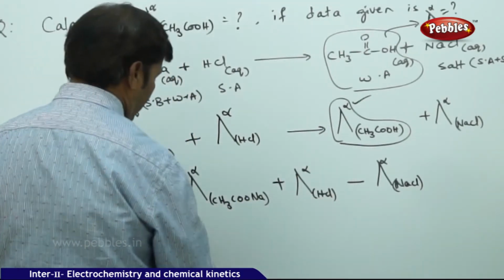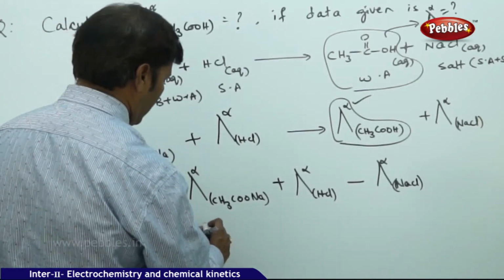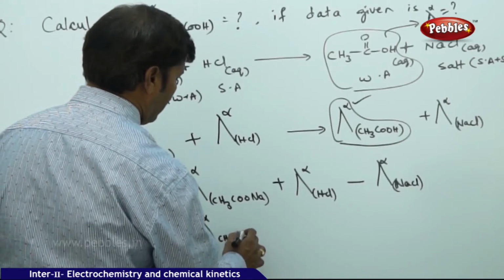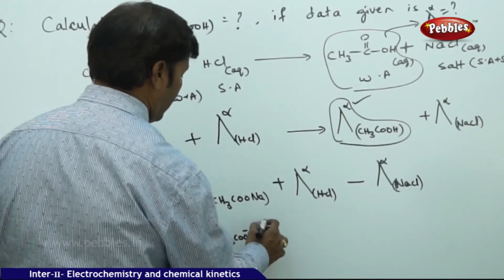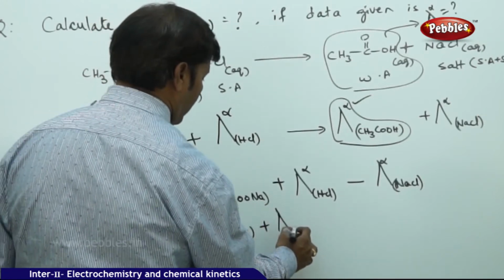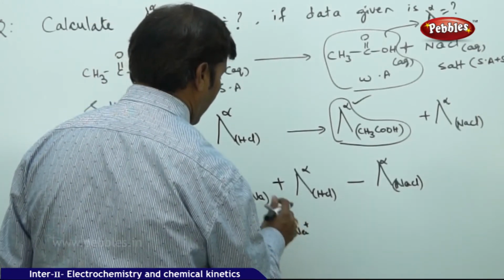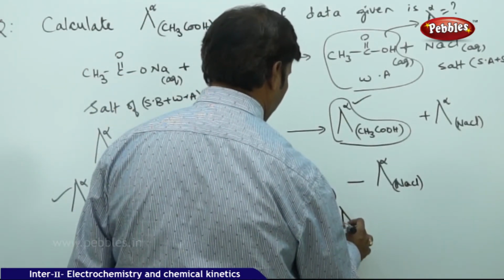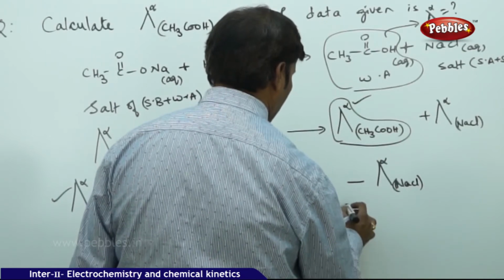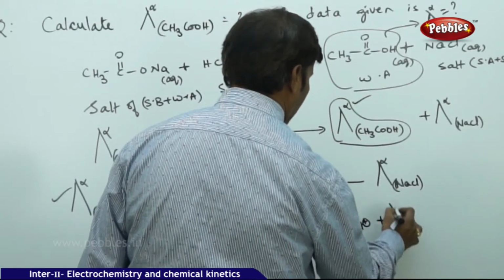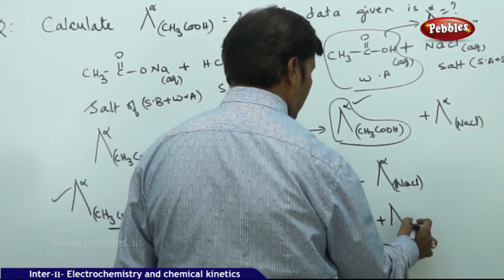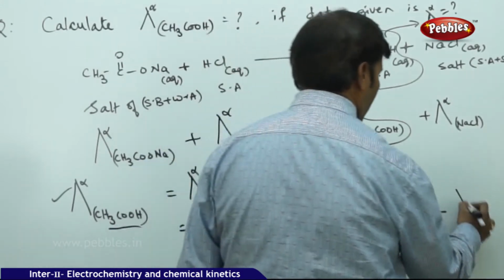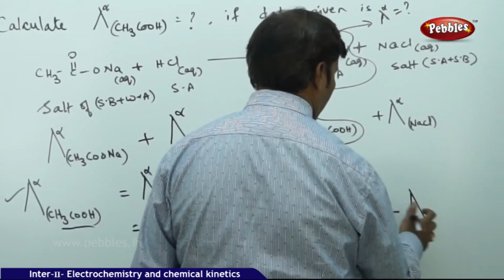So let us expand this step. The equivalent conductance at infinite dilution of acetate ion plus the equivalent conductance of the Na plus ion at infinite dilution plus the equivalent conductance of H plus ion at infinite dilution plus the equivalent conductance of Cl minus ion at infinite dilution minus, because this is a minus sign, both the equivalent conductances of Na plus and Cl minus should be minus.